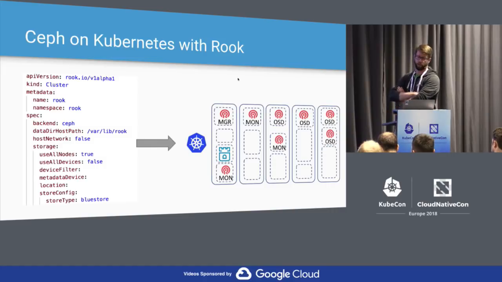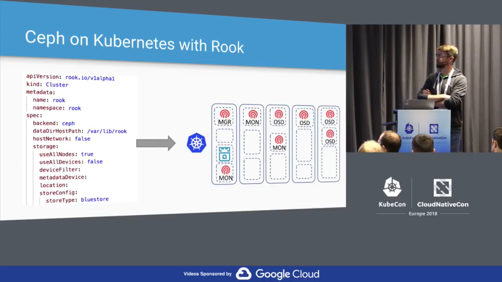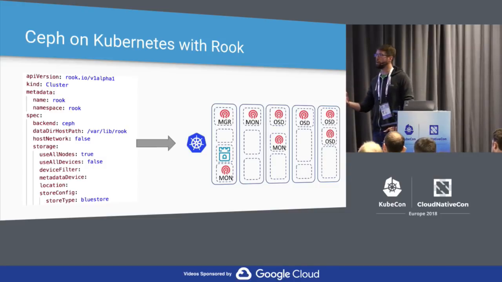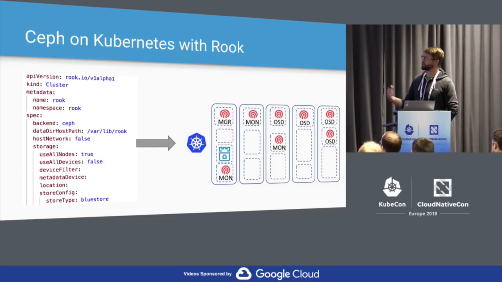And just a quick example to tie a few things together here. When we're talking about Ceph running on Kubernetes, what the user does is create an instance of one of those cluster CRDs, a cluster type. We can see here on the left that this will be a YAML file that a user will use with kubectl create -f, pointing to that file, which specifies how they want their Ceph storage cluster to get created.